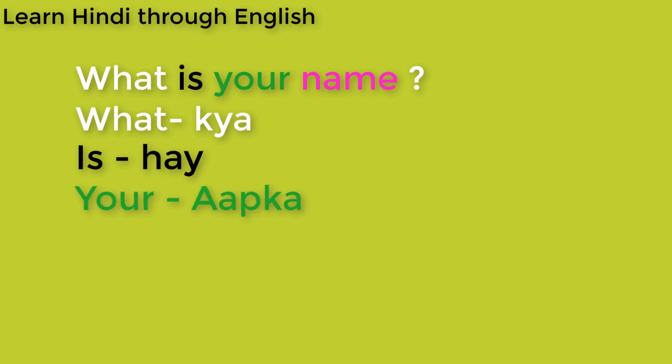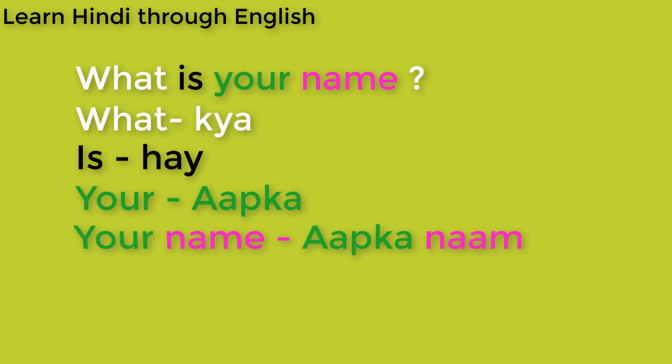Your is a pointing word. We can use aapka or tumhara. I am taking aapka. I would like to speak with some respect, so I am taking aapka. If necessary, you can use tumhara. Name: naam. You can find this word along with other important words. Your name means aapka naam.